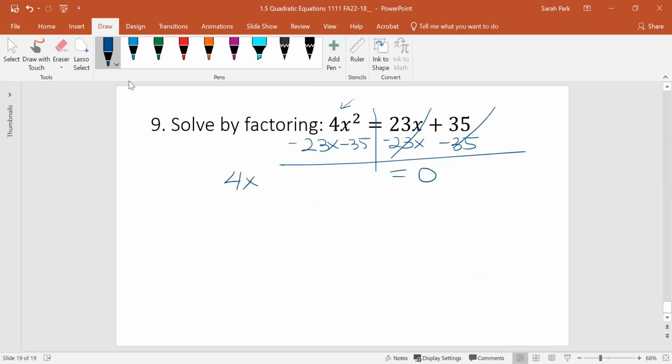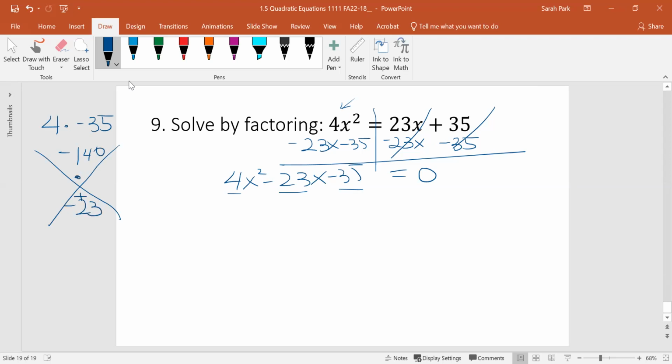And we got 4x squared minus 23x minus 35. First we check: is everything divisible by 4? It's not. So we're going to do 4 times negative 35 and put that on the top of the cross. So we have negative 140, and we want factors that add to negative 23.